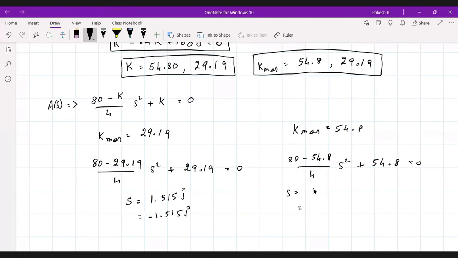We got 2.94j and minus 2.94j. Right. These are the four roots that we have got.